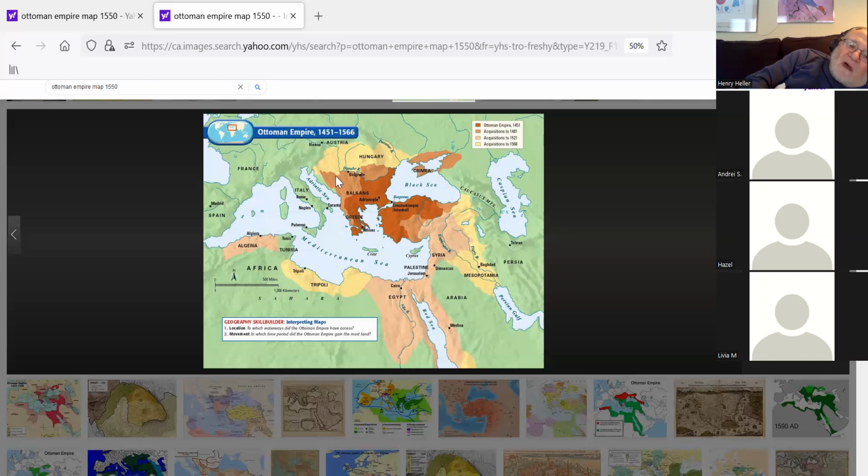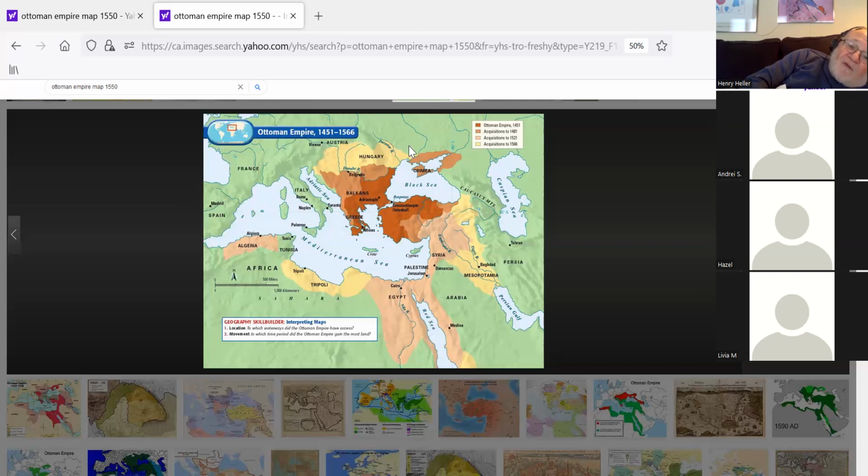Turks against the East Roman Empire. And these Ottomans came in because they were very good warriors. They began to become more and more prominent in the fighting between the East Roman Empire and the Turks.